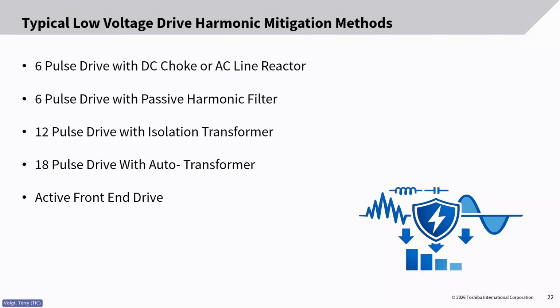Those actually have IGBTs on the front end to only sample or only bring in the voltage when needed. Instead of a diode that just brings it in all the time and blocks it when it's on the negative side, an active front end drive will very finely sample the voltage and only bring in what's needed. We'll talk about that a little later too.